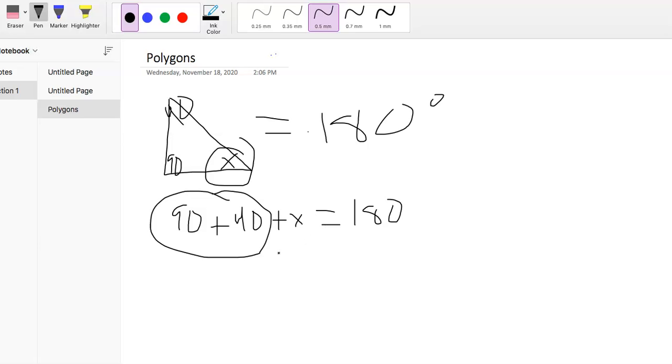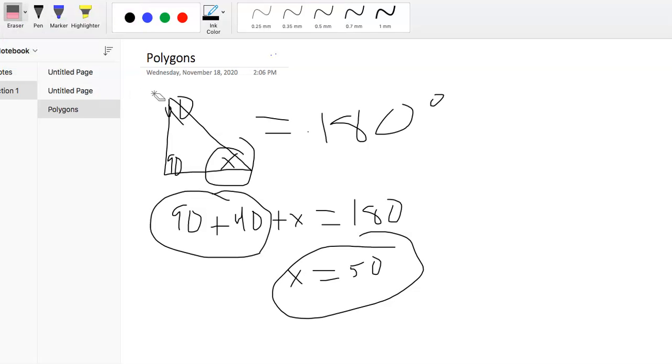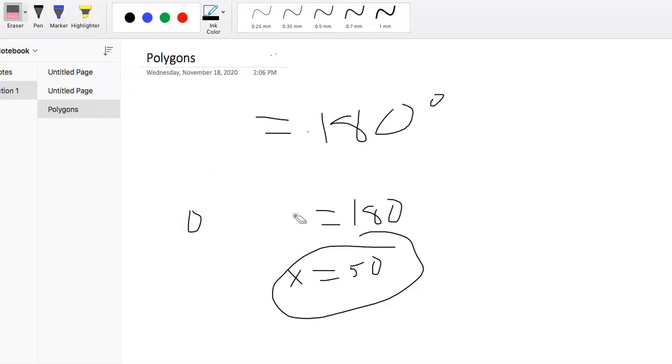And so then we would end up with 130 plus X equals 180. Subtract 130 from both sides, and X is 50. Okay, so that's pretty straightforward. 180 degrees in a triangle. That's how you would solve a problem like that.